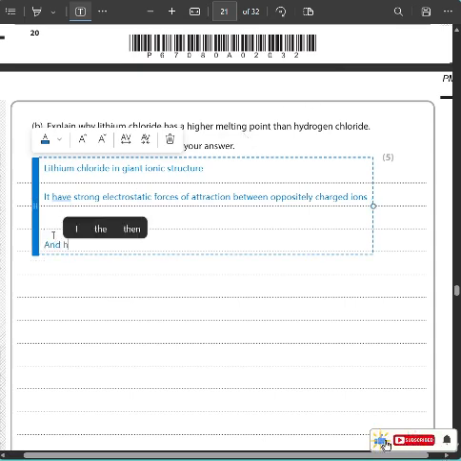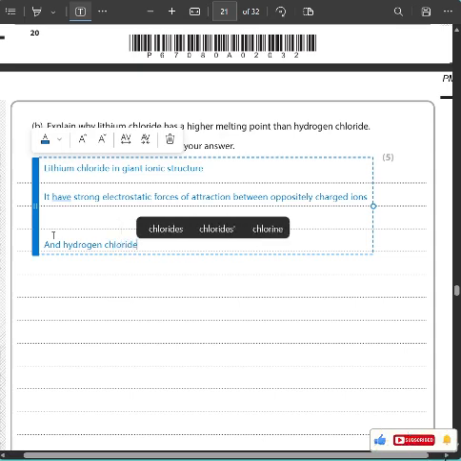And hydrogen fluoride has a simple molecular structure.